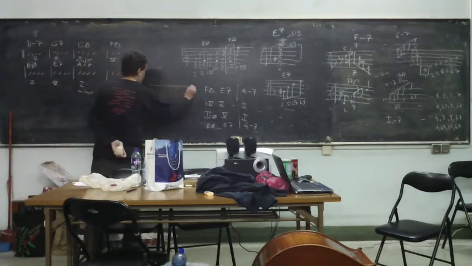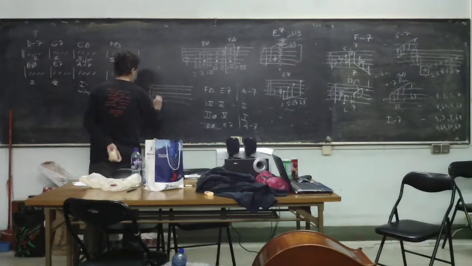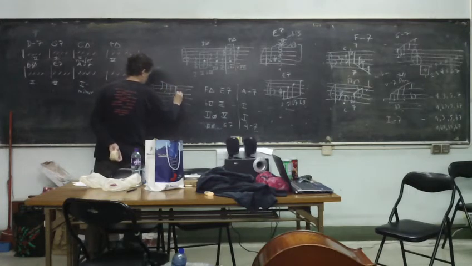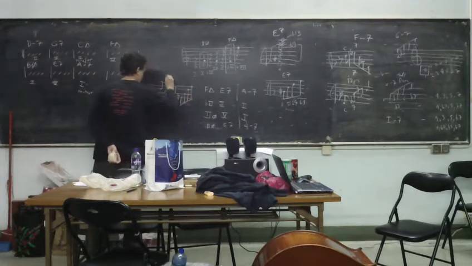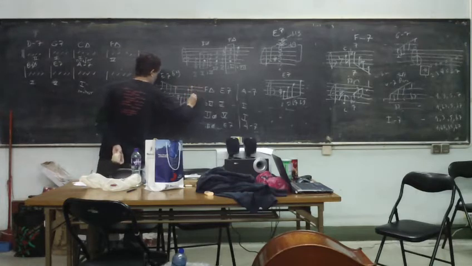So it's like one example that you know because you heard this many times like this. And then this flat 9 goes very nice into the 5th of the next chord.